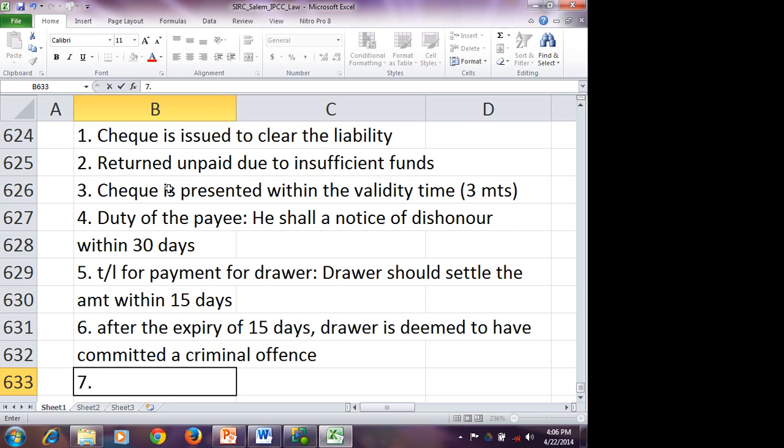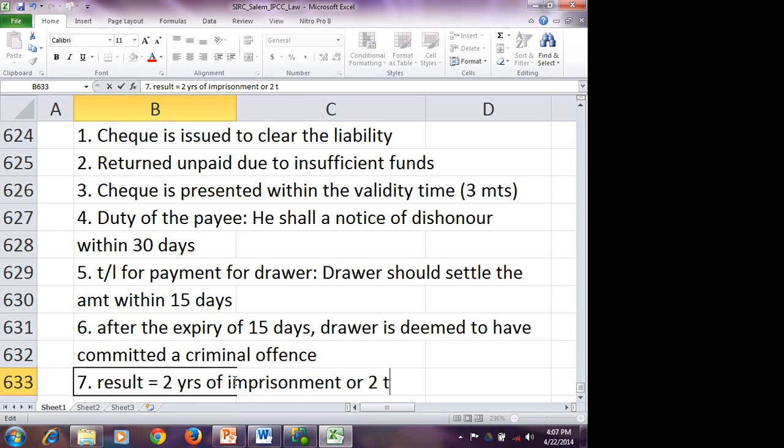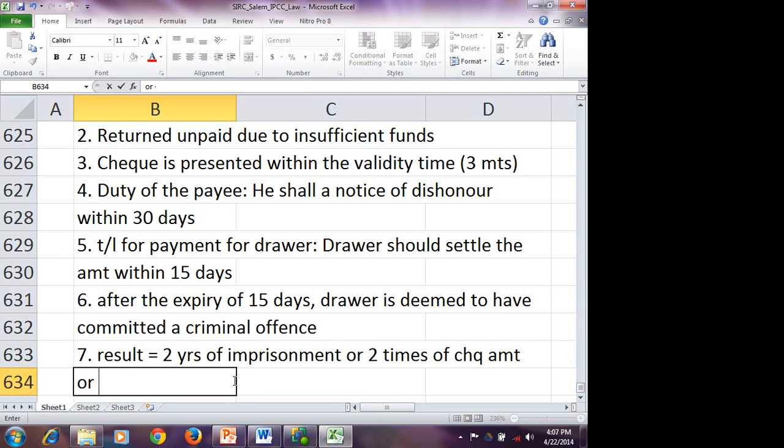As a result, the punishment is 2 years of imprisonment or a fine of 2 times the check amount, or both. You can pay both.